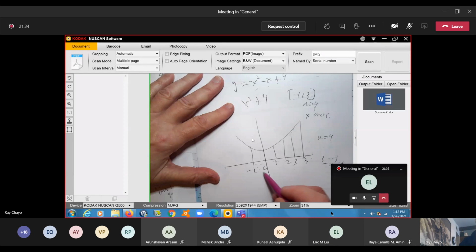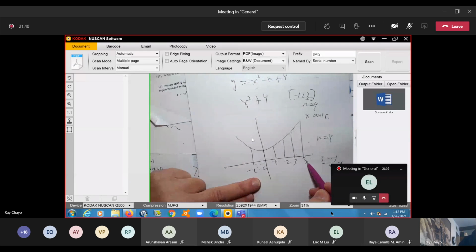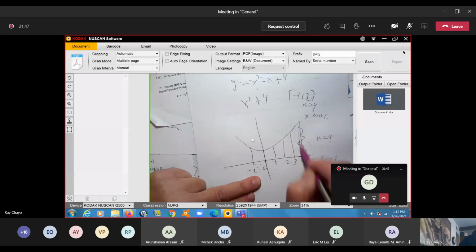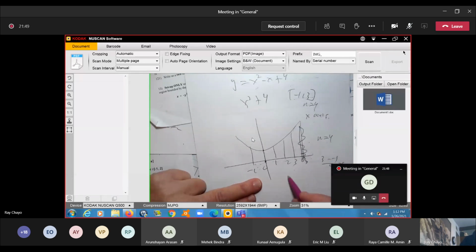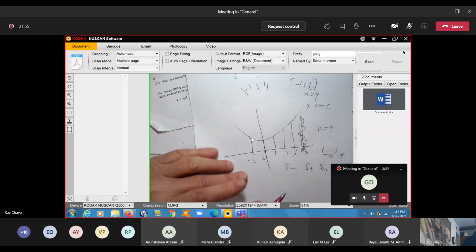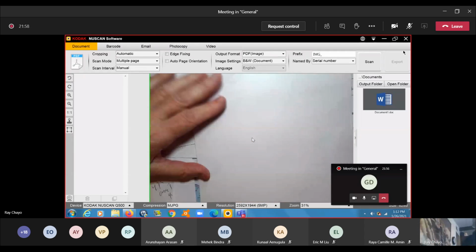So you're dividing from -1 to 3. What we want to do is this, this, and this, and then you're covered. We should do all 3. So let's do all 3.